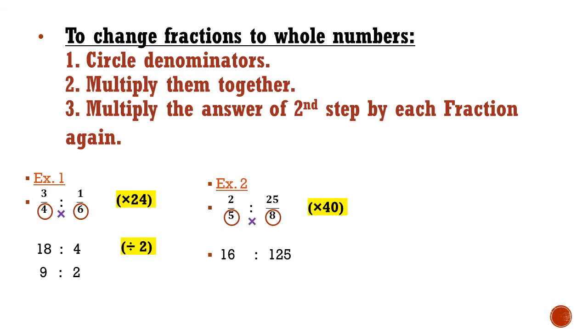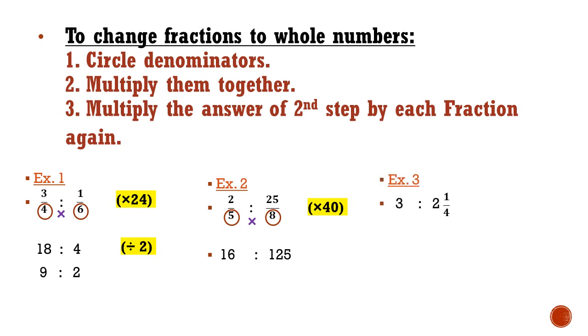Can we divide by 6? No. Can we divide by 7? No. Can we divide by 8? 16 can be divided by 8, but 125 can't. Can we divide both of them by 9? No. Then this is the simplest form for this ratio.